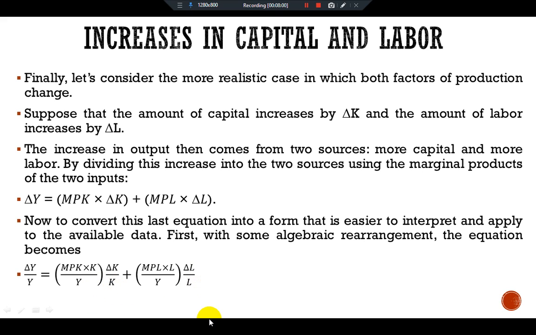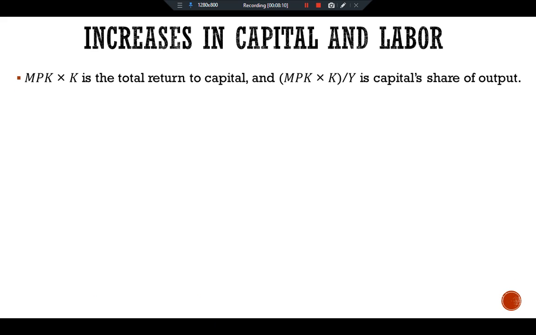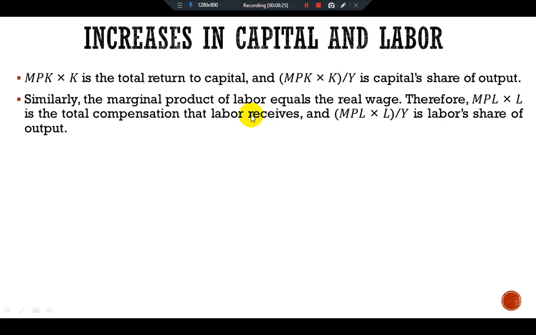In the classical model, we showed that the marginal product of capital equals its real rental price. So therefore, MPK cross K is the total return to capital, and MPK cross K over Y is capital's share of output. Okay, similarly, the marginal product of labor equals the real wage.